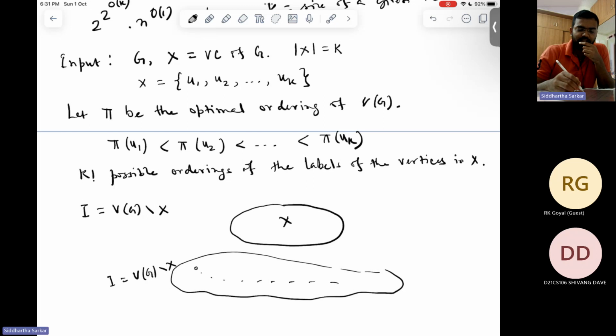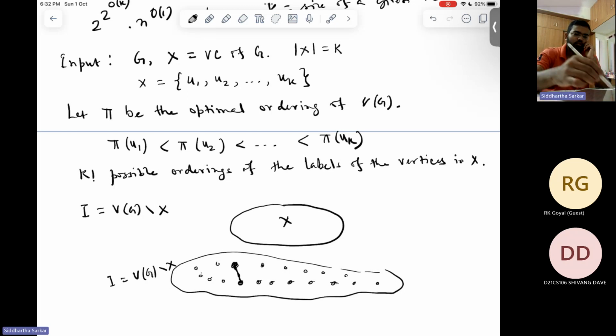So these are the vertices which are outside of X, and they are not participating in the vertex cover. That means that an edge joining any two vertices, if at all such an edge exists, will be a violation of the fact that X is a vertex cover, isn't it?